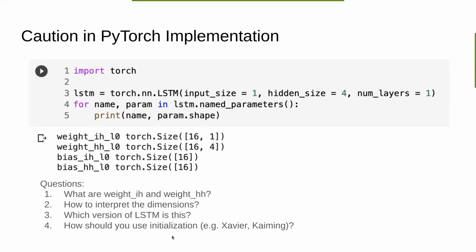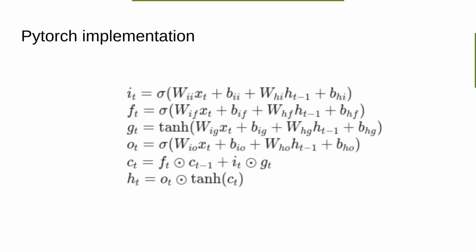So let's look at the way PyTorch implements their LSTM from their documentation. This image is directly from their documentation. You can see that W_ii is the weight that is multiplied with the input, and then b_ii similarly, and b_hi. W_hi is the weight that is multiplied with the hidden state coming from before for the input gate.